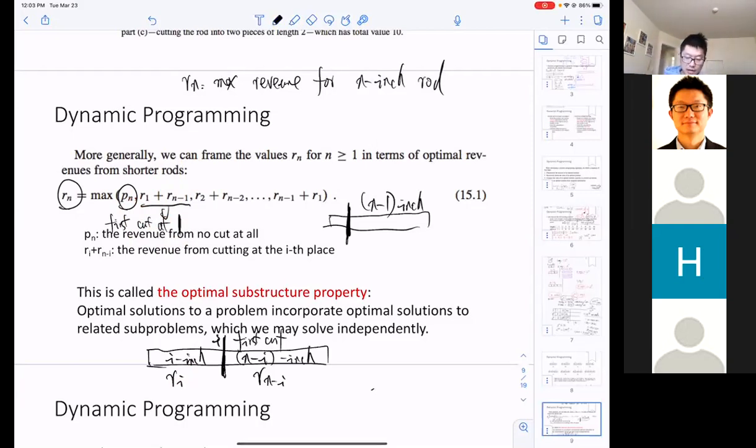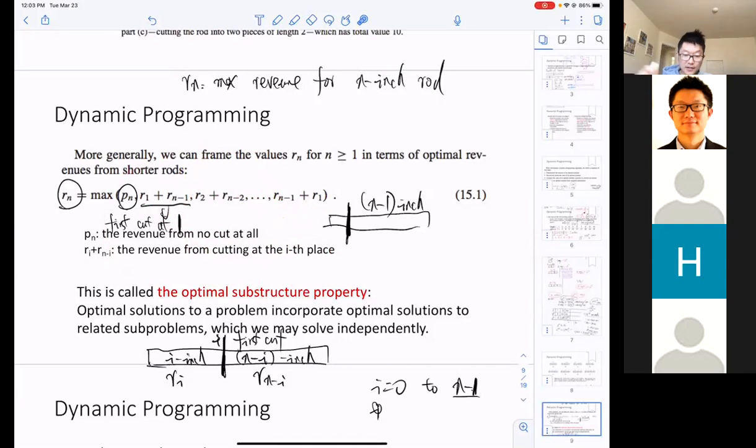From i equal to 0, meaning no cut, until n-1, meaning that you make the first cut at the last possible place, so that you get a left hand side with n-i inches and the right hand side with 1 inch. So this is the mathematical solution for us to find the best cut. Okay, make sense?